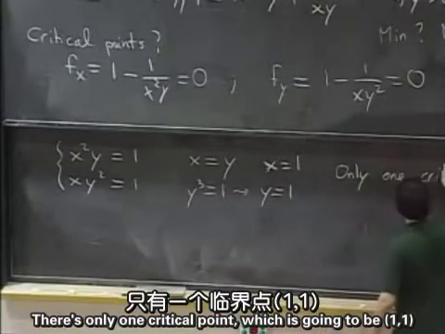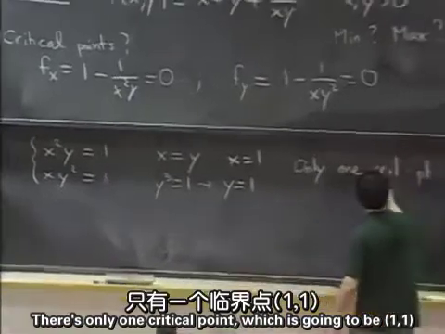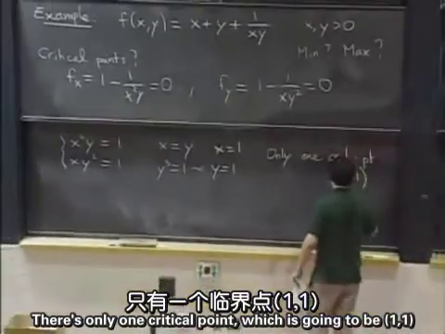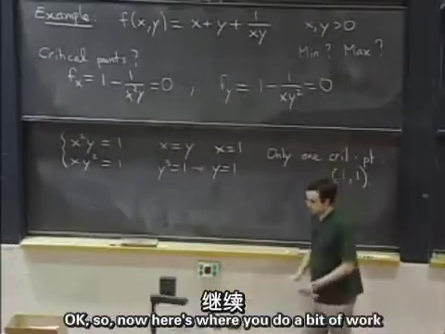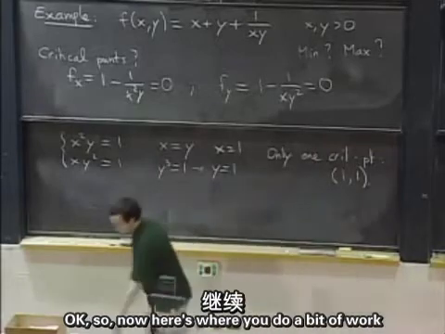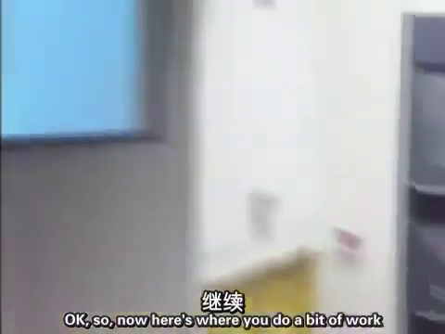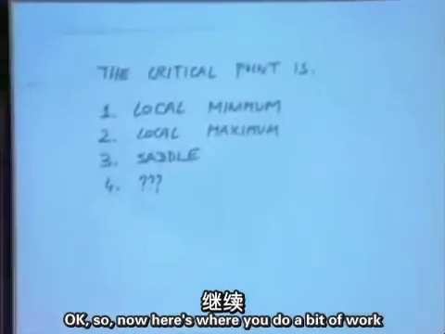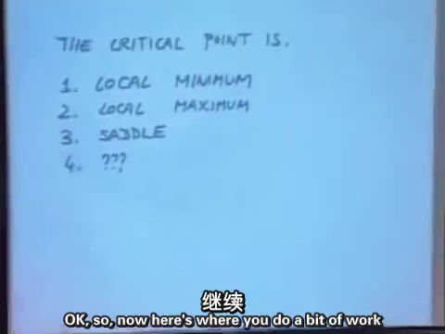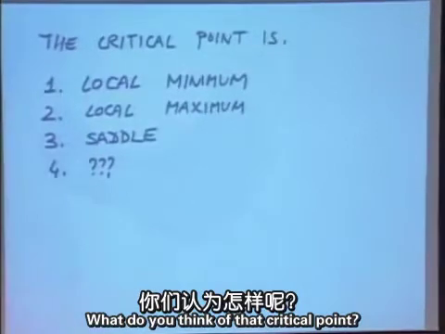There's only one critical point, which is going to be 1, 1. Okay. So now, here's where you do a bit of work. What do you think of that critical point?